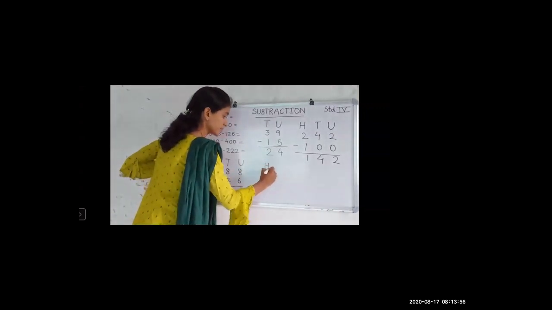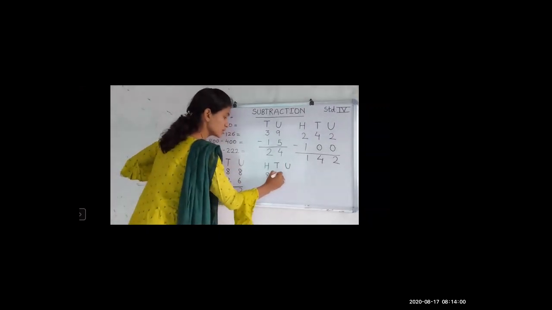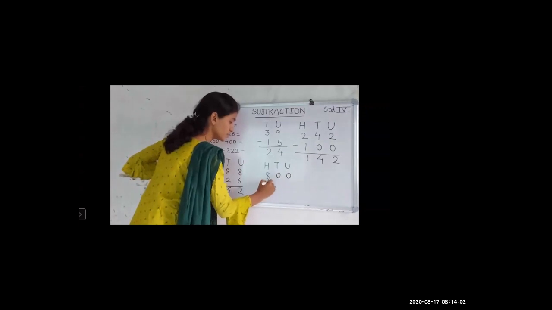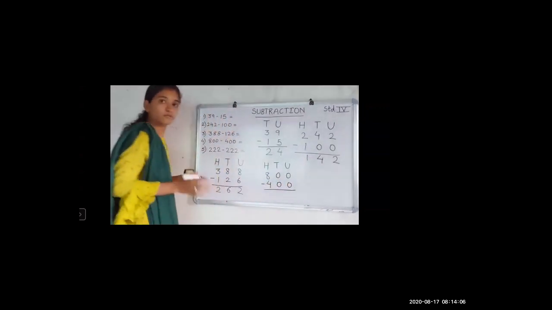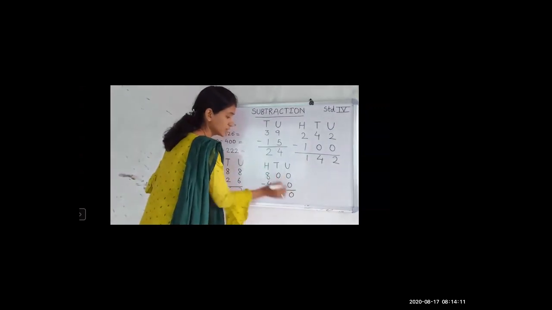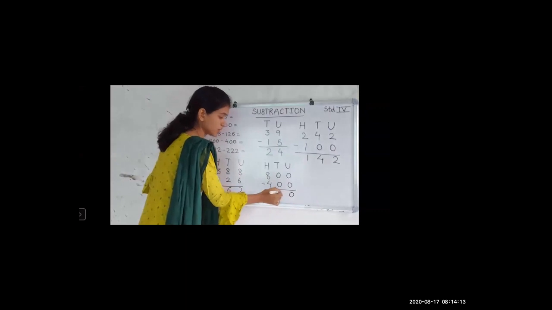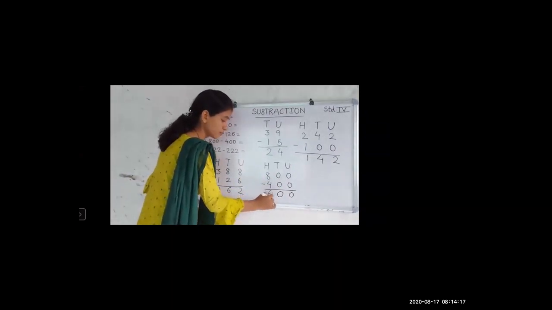Next is the next subtraction. I have taken 0 in this so that you will not get confused, because we are going to solve subtraction questions which involve 0. So 0 minus 0, you will get 0 only. 0 minus 0, again 0, and 8 minus 4, you will get 4.